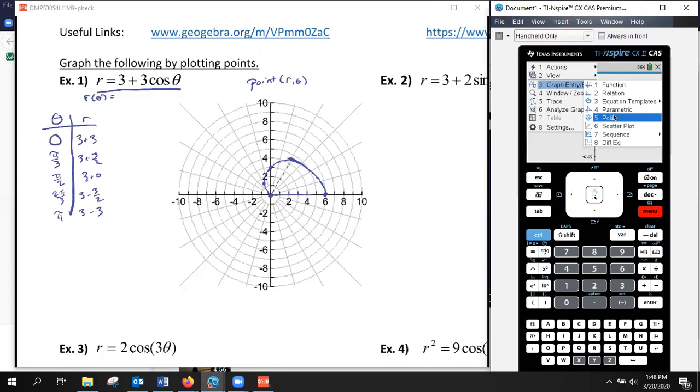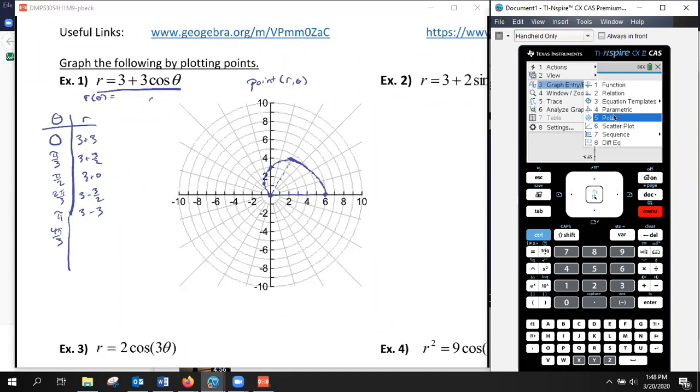limaçon. We can continue on and graph some more points if we want to do 4 pi over 3, et cetera, et cetera. But if you remember from last year in pre-calculus, we know that 3 plus 3 cosine of theta has symmetry with the polar axis, which kind of translates to symmetry with the x-axis.